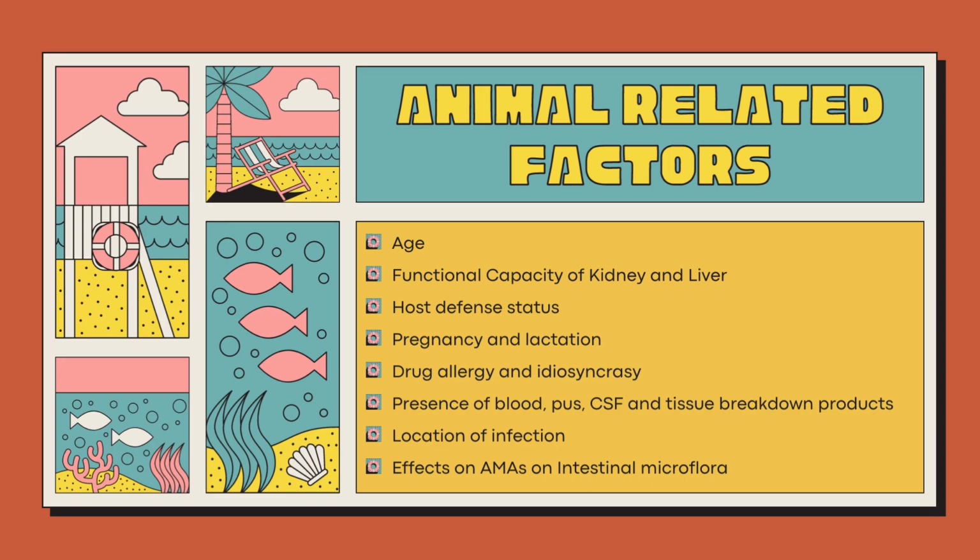Also, tetracyclines are contraindicated in young animals and children as they accumulate in developing teeth and bones, which in turn causes discoloration and weakening. Next is the functional capacity of kidney and liver. Antimicrobial agents with a low margin of safety must be used very cautiously when the renal and hepatic organs of disposal functions are defective.